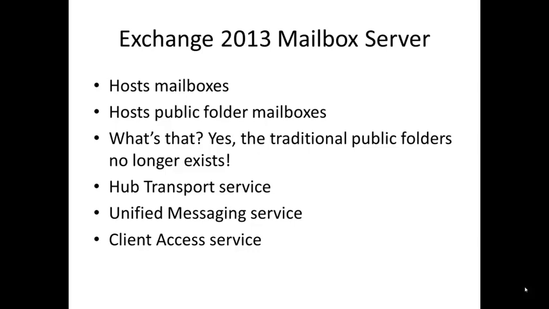These are all located on the backend server and the actual processing, the mail routing for example, is taking place on the 2013 mailbox service. Also, the unified messaging service is located on every Exchange 2013 mailbox server. Even if you don't use it, it is automatically installed on the mailbox server. But as long as you do not configure it, it's not used, of course.